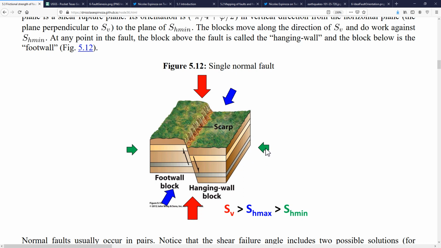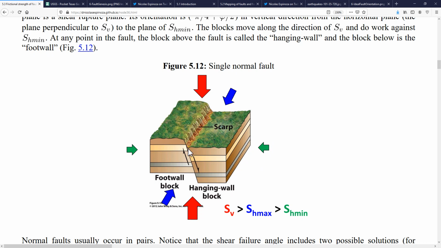And that makes a lot of sense, because why would this fracture break and do work against the intermediate stress if the intermediate stress is higher than the minimum principal stress? The fracture is going to form at an orientation such that the movement is going to do work against the minimum principal stress.